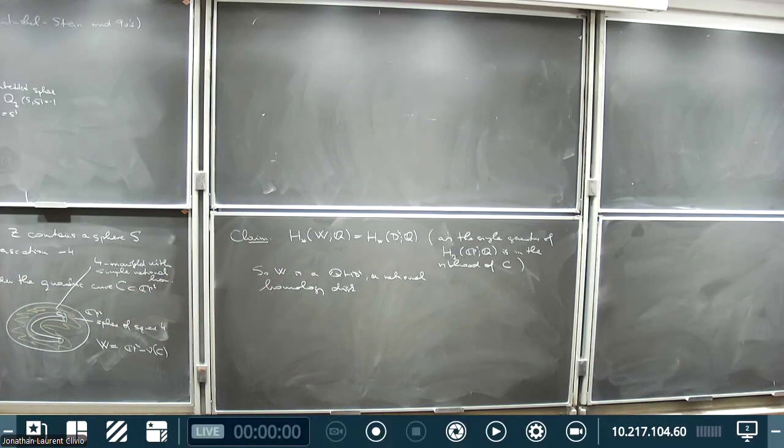So this sort of explains the name of rational blowdown. In the usual blowdown, we take out something and replace it with a disk. In the rational blowdown procedure, we take out something and we replace it with a rational homology disk. It's not exactly a disk, but as far as homology goes, it's exactly the same. Okay, so this is the idea.